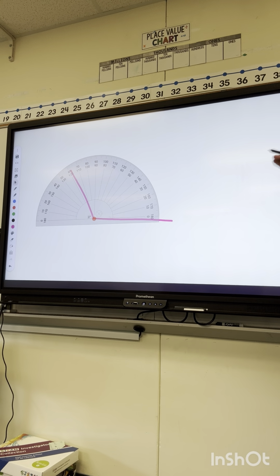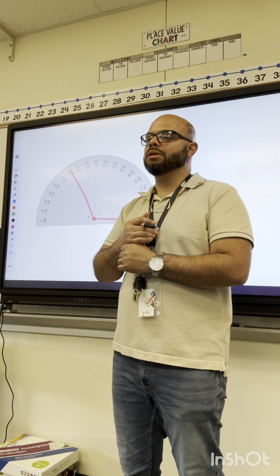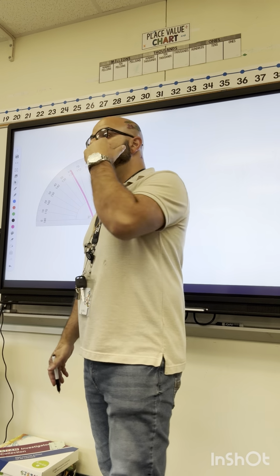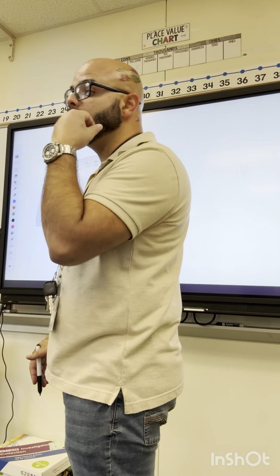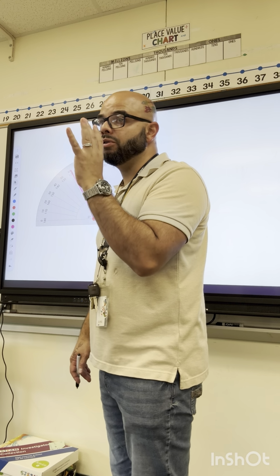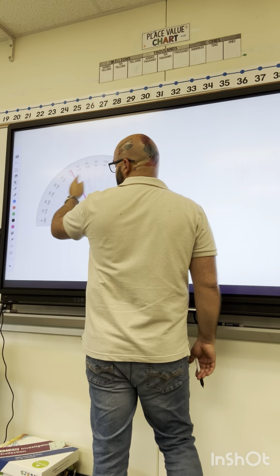Okay, by the look of this angle, I already know that this angle is a certain type of angle. What degree am I looking for? Is it greater than 90 or less than 90? Greater than 90, right? So just by looking at the angles, it could give you a good idea of what type of angle you're looking at and what numbers you're gonna end up looking at.